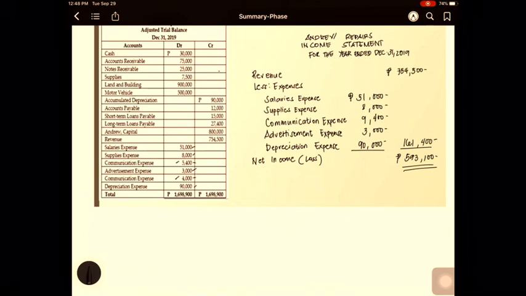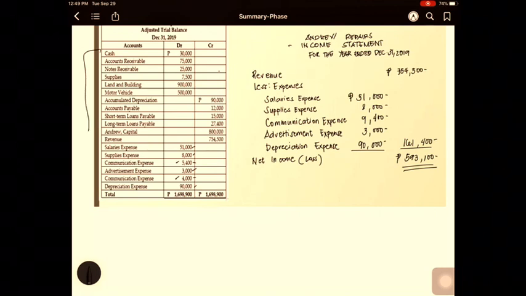Again, what method is used in this particular problem? Since this is a service type of business, it would be more convenient to just simply itemize it, therefore applying now your nature of expense method. Okay, so take note, we are just preparing your income statement.